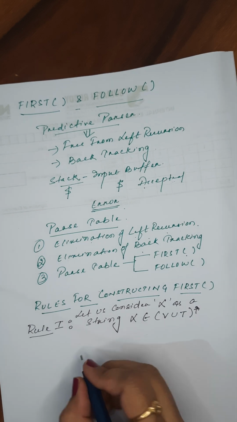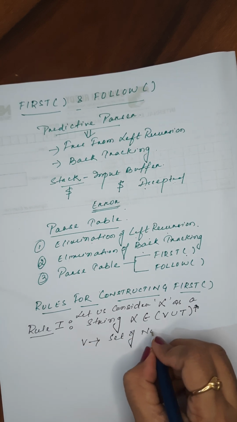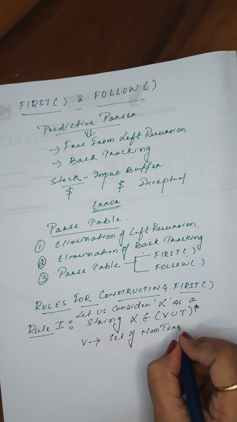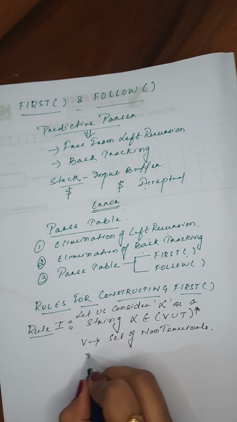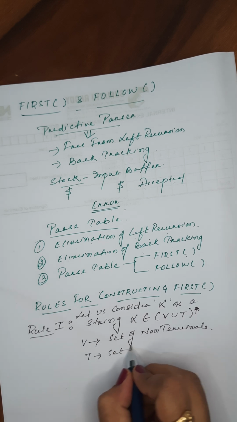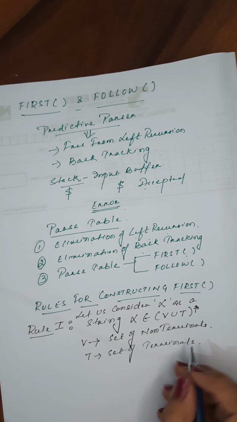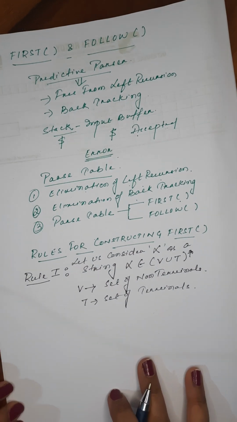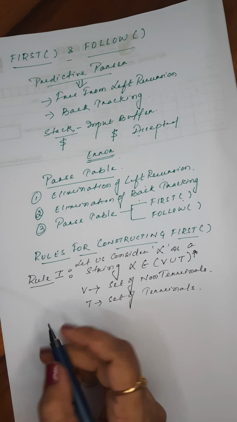Now what is V? V is the set of non-terminals, and T is the set of terminals. In the rules as well as in the examples that we will study, we will understand how this is used. So what is the first rule then?